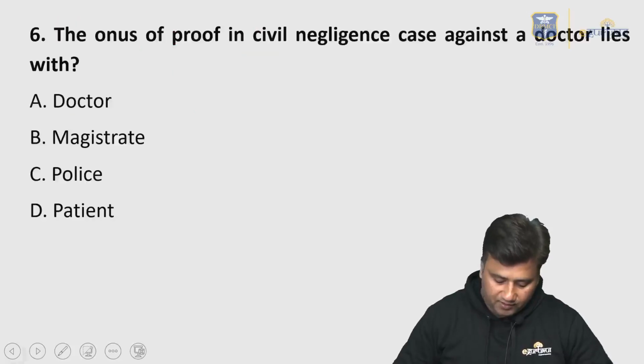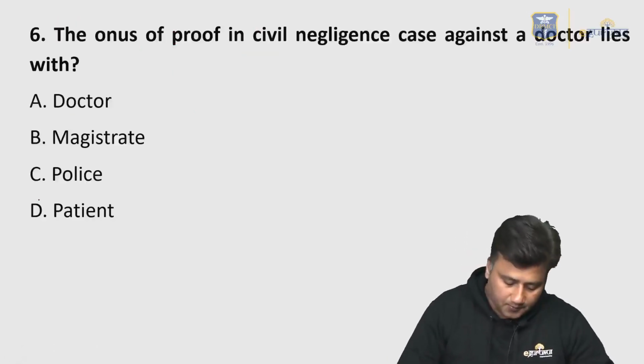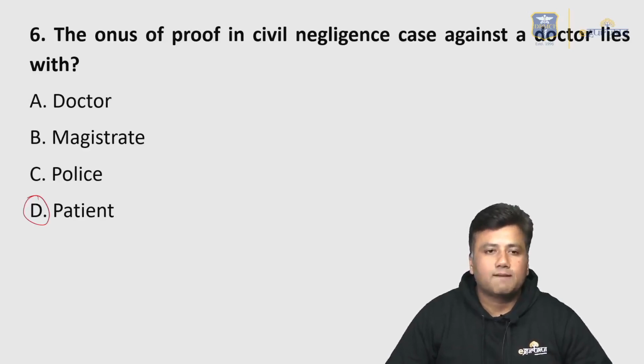And so, if we come back to our question, the answer becomes really simple. It is the onus of the patient in a civil negligence case to prove the negligence against a doctor.